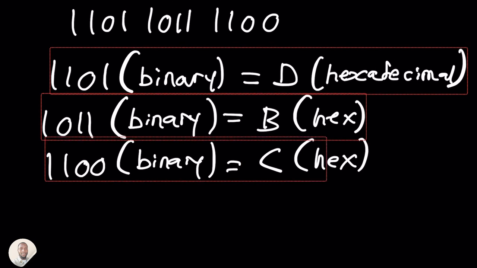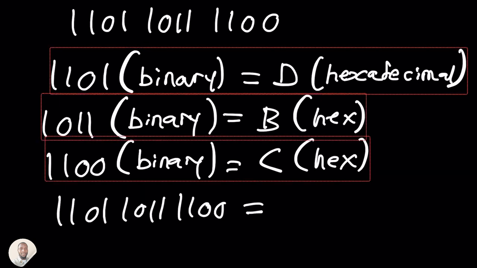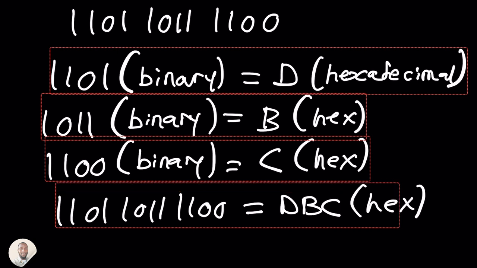So you can see that 1101 1011 1100 is equal to what? DBC in hexadecimal, right? So hexadecimal helps programmers work with binary numbers more easily.